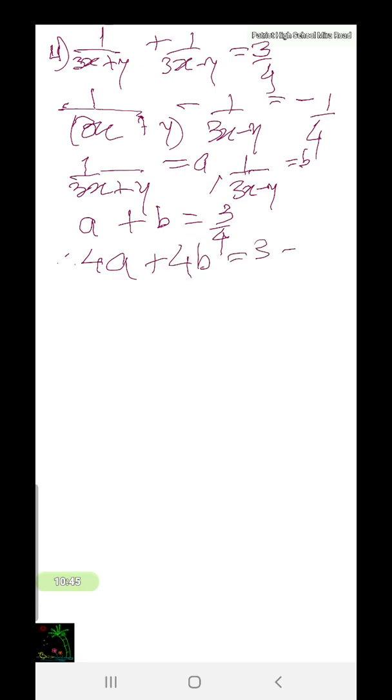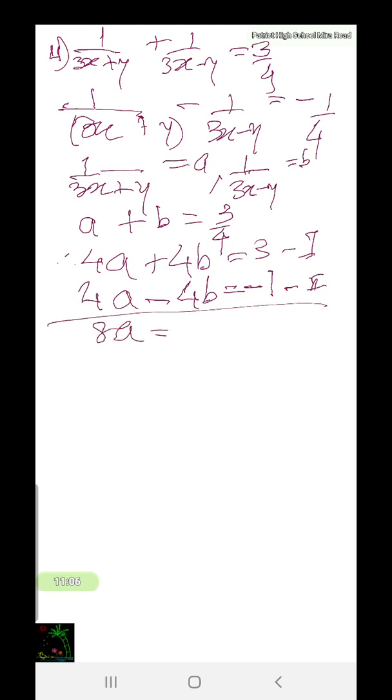This is the first equation, and the second equation will be 4a minus 4b is equal to minus 1. Adding the two, we have 8a is equal to 2. Therefore a is equal to 1 upon 4.